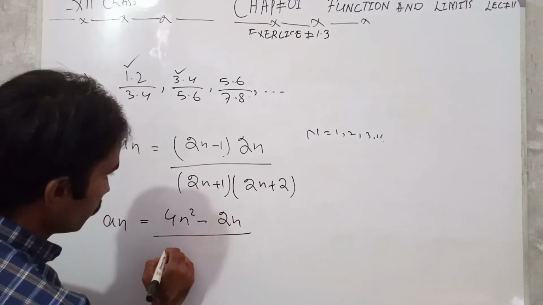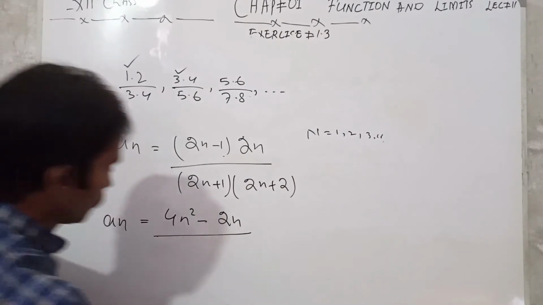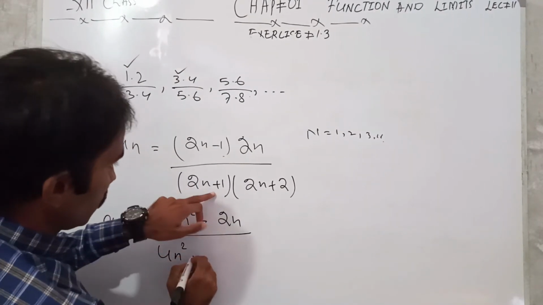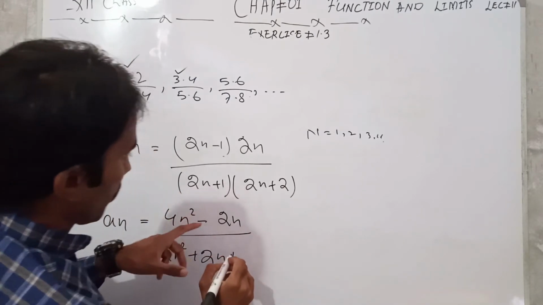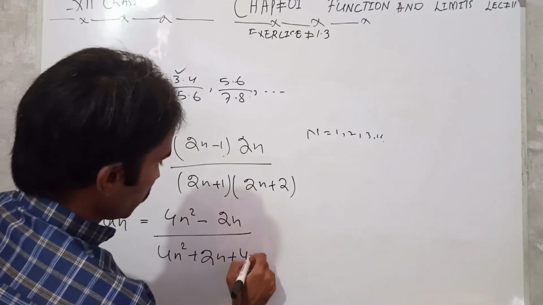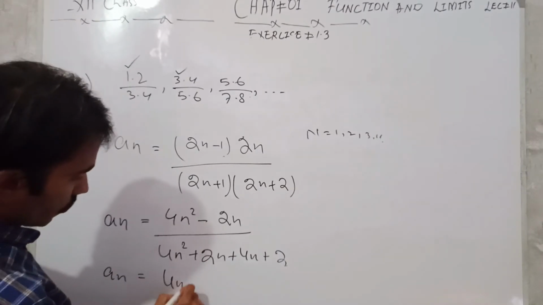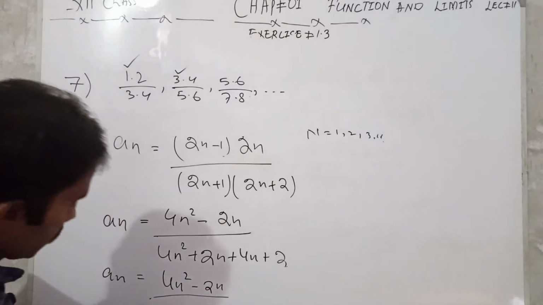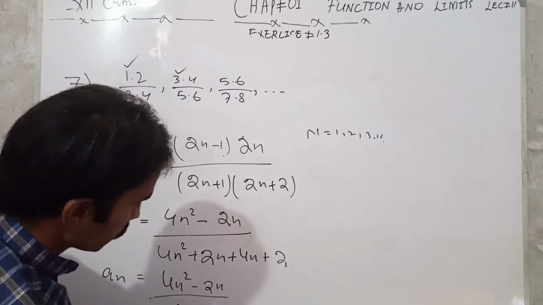In the denominator, 4n square plus 2n plus 4n square plus 2n plus 4n, which is 4n square minus 2n divided by 4n square plus 6n plus 2.